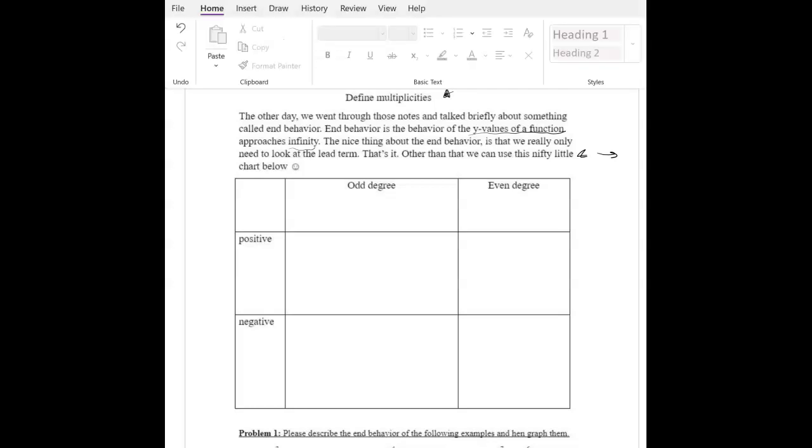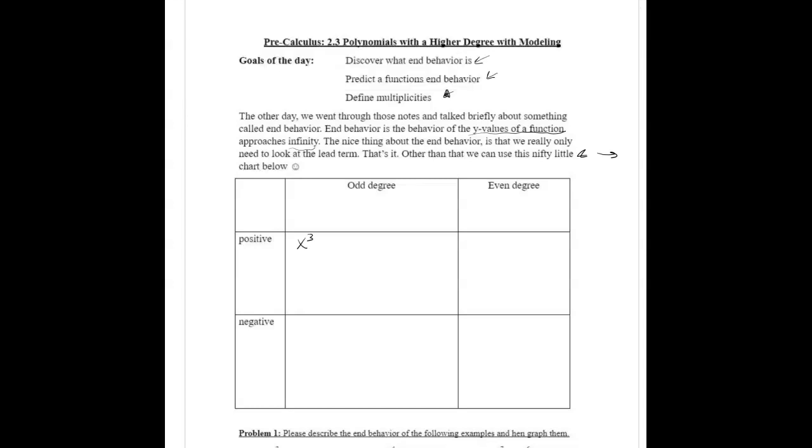Let's say it's positive and an odd degree, for example an x cubed function. That's something we should know at this point. So x cubed functions look something like that. It's an odd degree, it's positive.